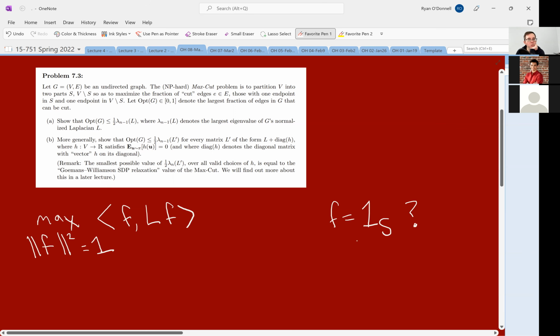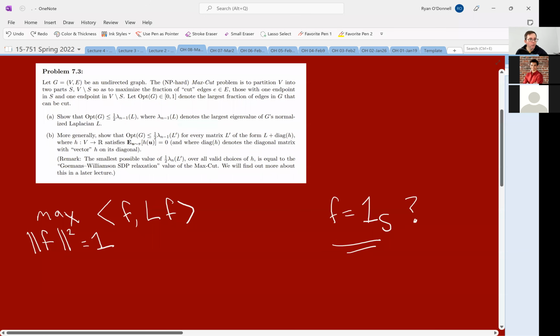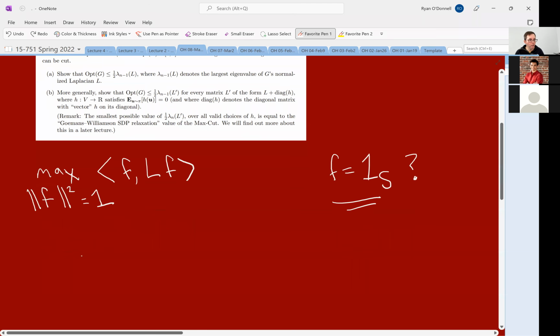Well, this particular F doesn't have two norm 1. I'm just saying that we want to be able to say that opt of G gives us a characteristic function, the indicator of S, but we want to bound that by this Rayleigh quotient kind of thing, essentially.